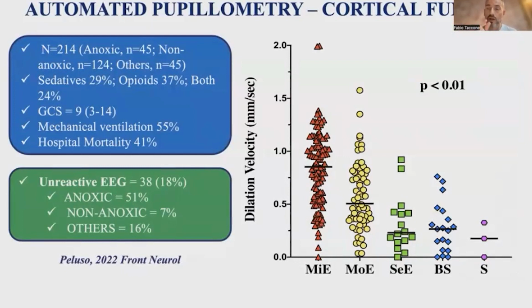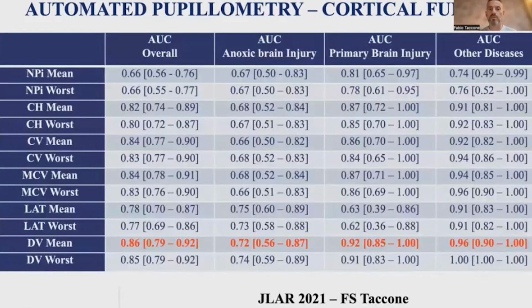The parameter which was the most effective to separate the different levels of alteration in EEG pattern, from mild to moderate to severe, and separability down to burst suppression and suppression, was the dilation velocity, which is a surrogate of sympathetic and parasympathetic function at the pupillary level.